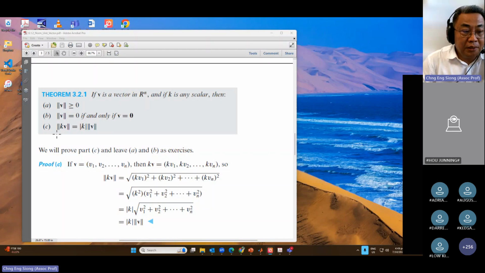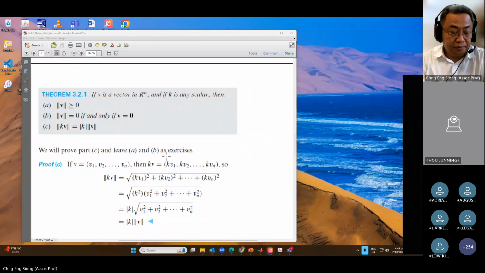The other important one is homogeneity, where k is a constant and we can multiply by k and this k can come out. So it becomes an absolute value. k can be a negative number inside, but once we bring it out, it becomes an absolute value, a positive value, because we don't have a negative norm. Okay, and the proof is here.